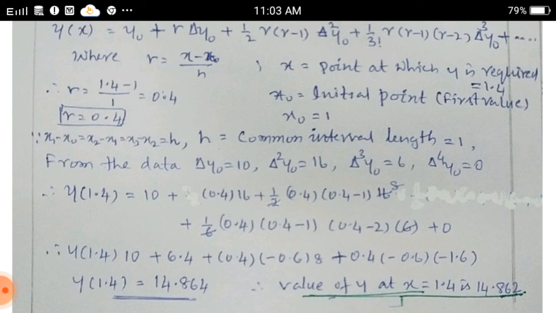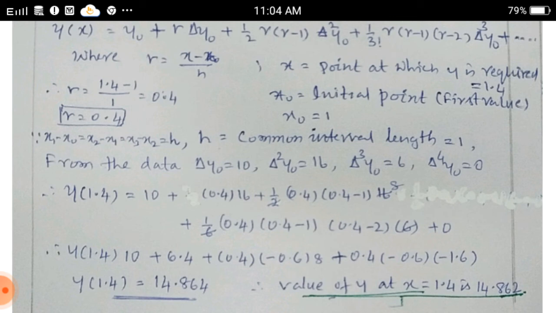So we get y of 1.4 equal to 10 plus 6.4 plus 0.4 into minus 0.6 into 8, plus 0.4 into minus 0.6 into minus 1.6.